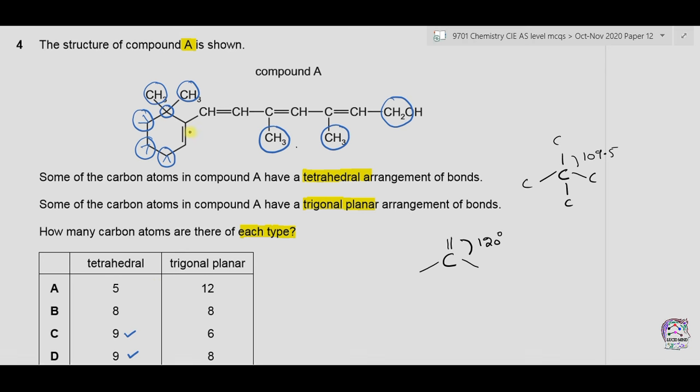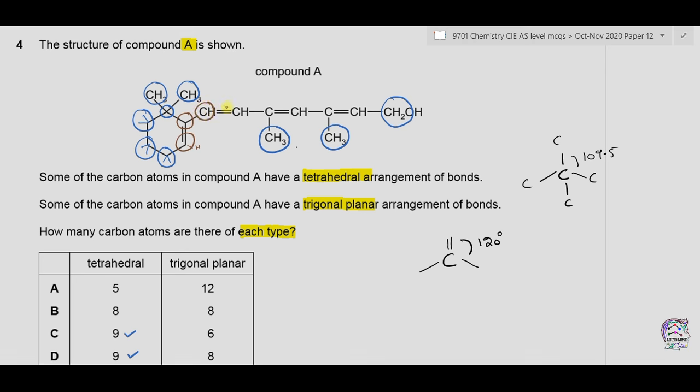Now let's find the carbon atoms making 3 bonds. We have 1 hydrogen with this carbon. So this carbon is making 1 double covalent bond and 2 single bonds. So the arrangement will be trigonal planar. Similarly for this carbon, again we have 1 double covalent and 2 single bonds. This carbon is making 1 single bond with hydrogen, a double bond with carbon and a single bond with this carbon.